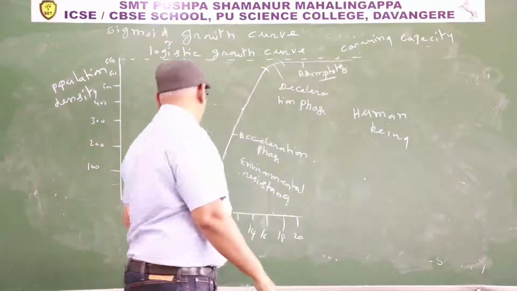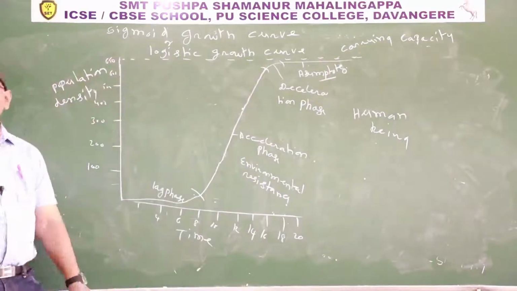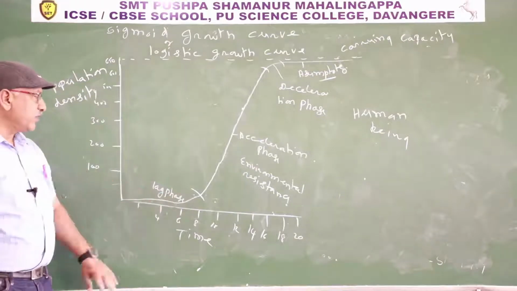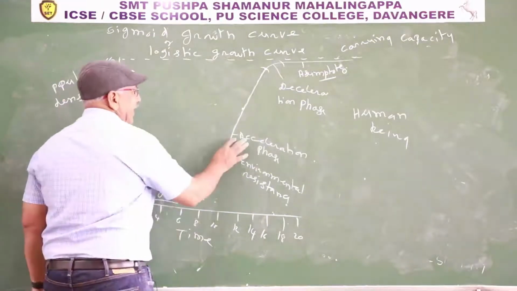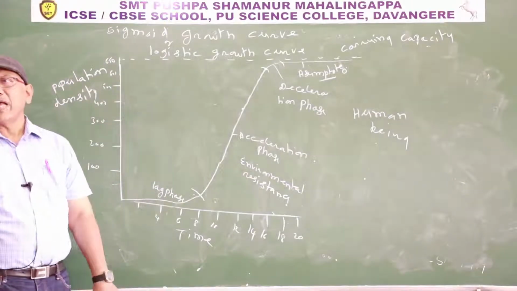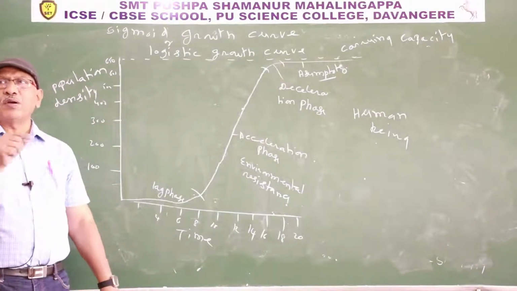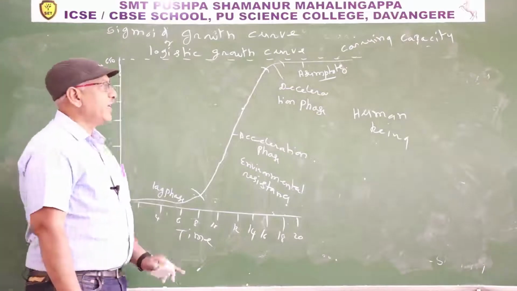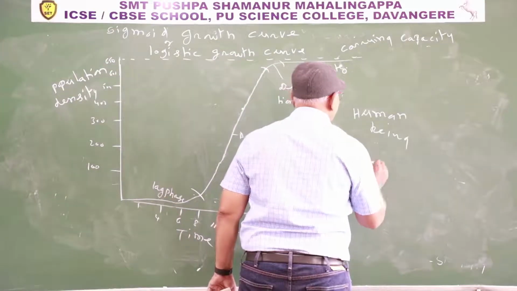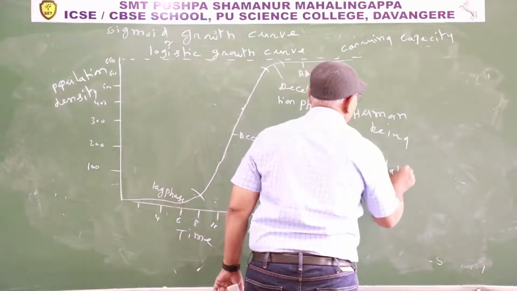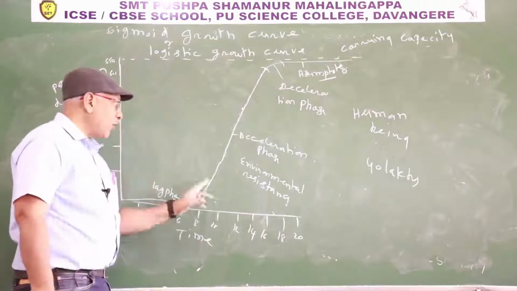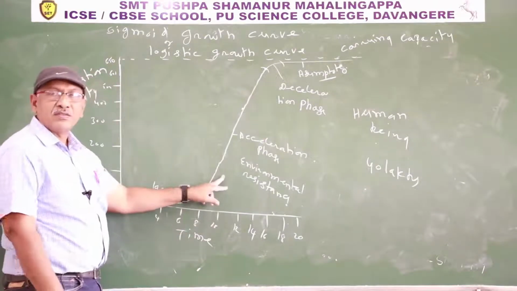For example, in Davanagere the population is now 3 lakhs. Now it is in the acceleration phase. The maximum number of individuals that a habitat can bear is known as carrying capacity. We assume Davanagere's carrying capacity is 40 lakhs. Now the Davanagere human population is in the acceleration phase.